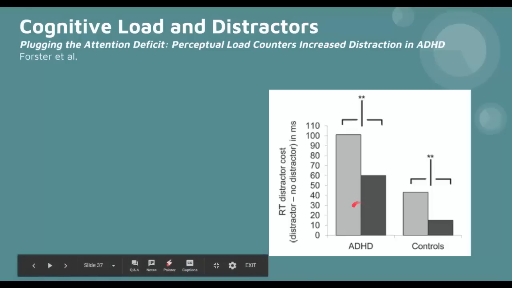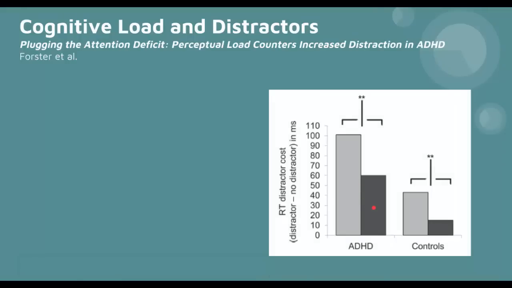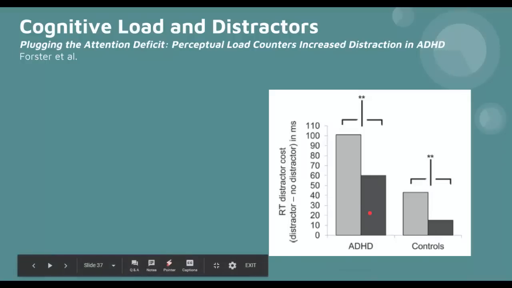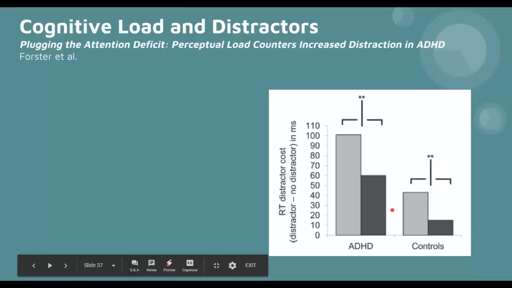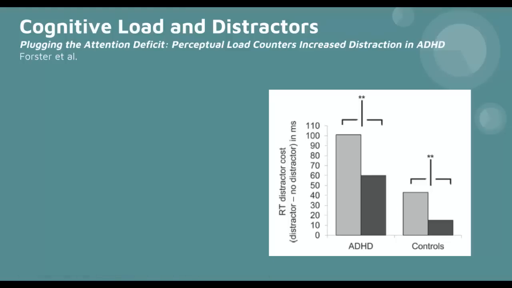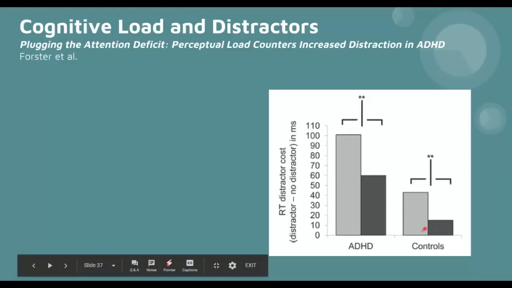And if we compare just the ADHD group, the difference between the light gray bar and the dark gray bar, as I increase the perceptual load, the time it takes me to process that distractor comes way down. In other words, I spend less time on that distractor when there's a high perceptual load. And this is true of the control group as well.